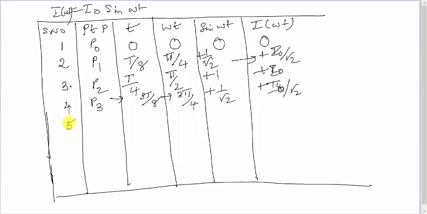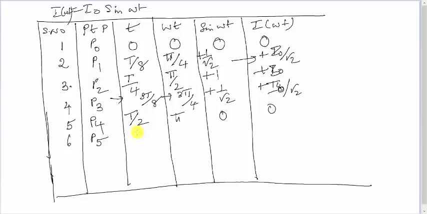Fifth one, you have P4, 4T by 8 or T by 2. This will be pi, and sine pi is 0, and this will be 0. Sixth will be P5.